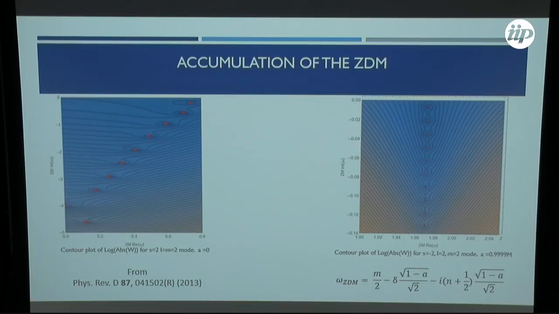Delta here is just a function that is roughly constant as well, but it depends on l, m and the eigenvalue of the spin-weighted spheroidal harmonics.